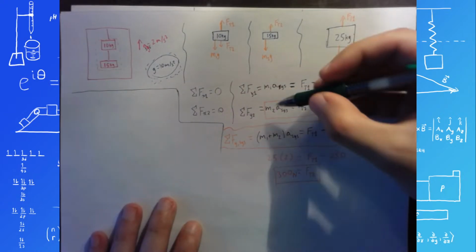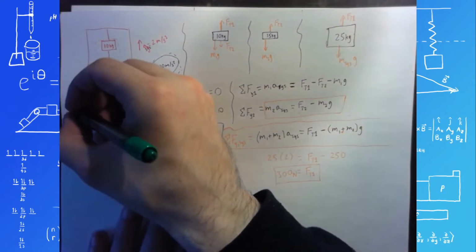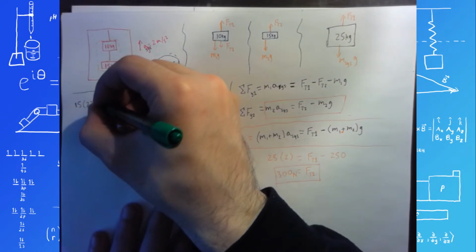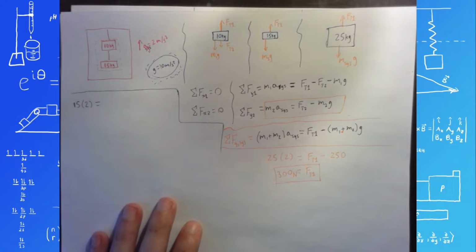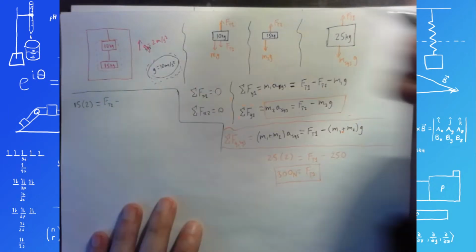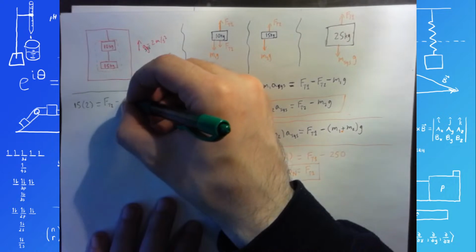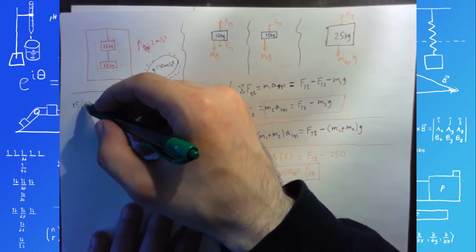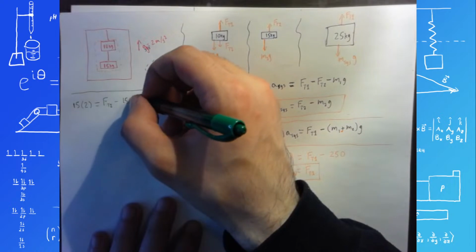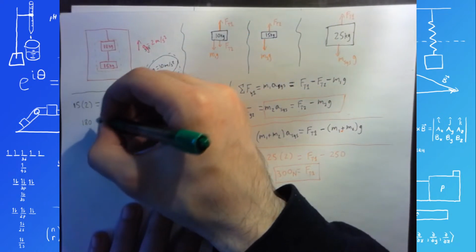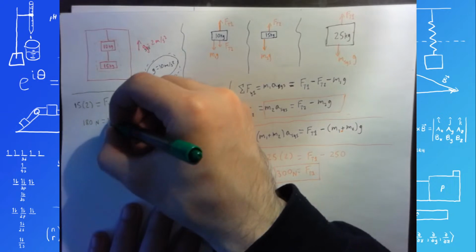So mass 2, which is 15 kilograms, times the acceleration of the system, positive 2, equals force of tension 2 minus m2g, minus 15 times 10. Okay, 15 times 2 is 30, and then add 150 to both sides, that's 180 newtons for force of tension 2.